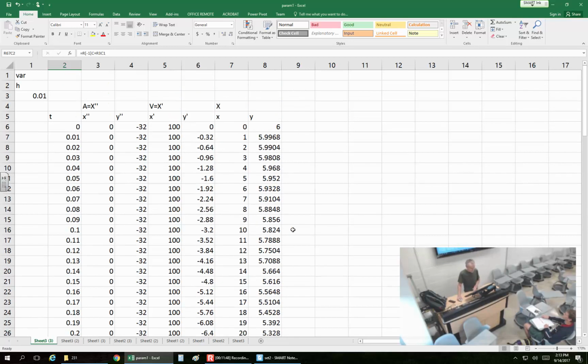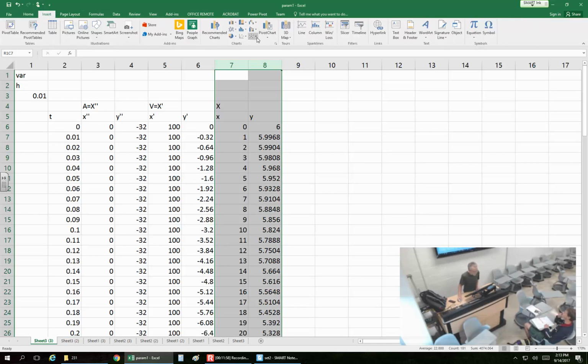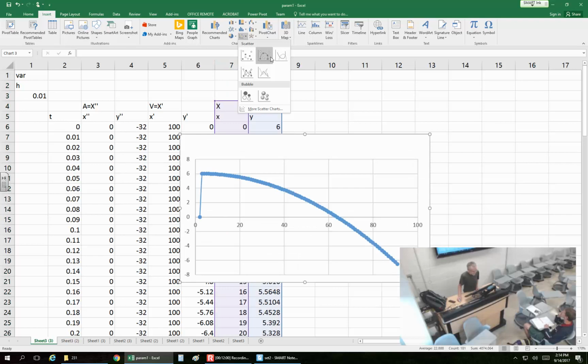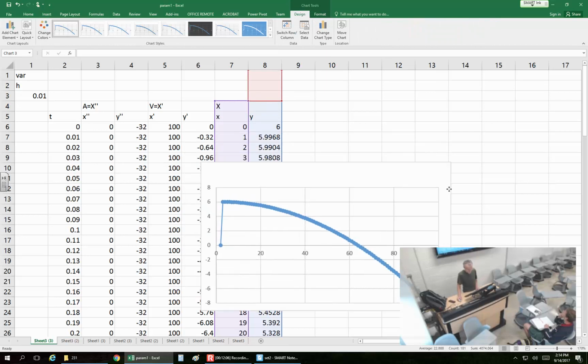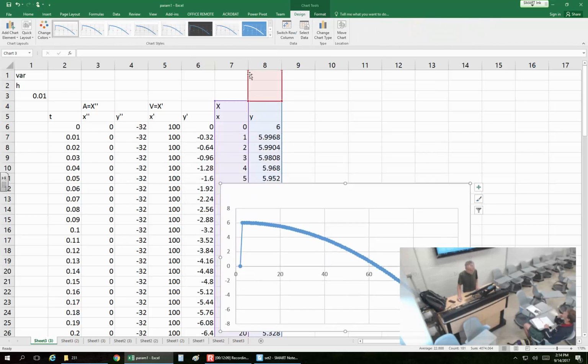So our interest is really to visualize it. We're going to visualize it very simply like this. I highlight the two columns, and then I go and insert the scatter plot. Well, this one, that's fine. What's in the beginning is just some extra stuff that does not belong here.